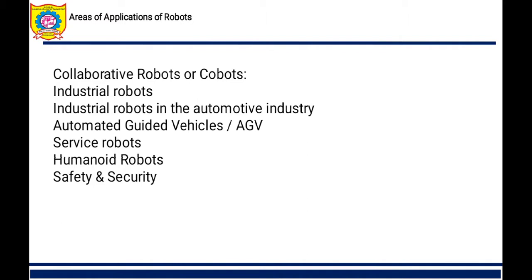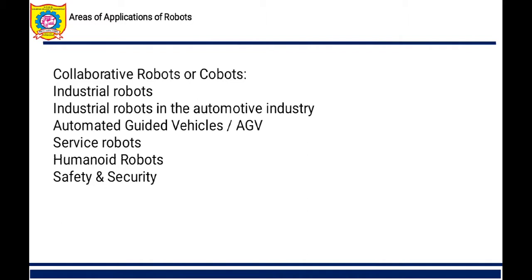These are all industrial robots, used in the automotive industries. Then we have AGV. AGV stands for automated guided vehicle, a driverless transport vehicle which is guided without touch, either by remote control or completely autonomous, so there's no need of remote control also. It is used to transport materials in production facilities from one place to the other.